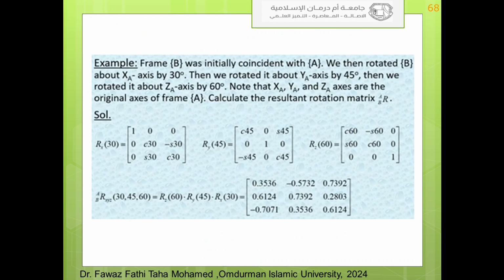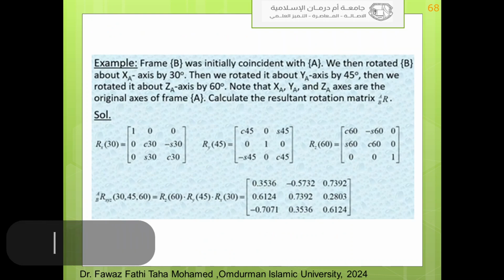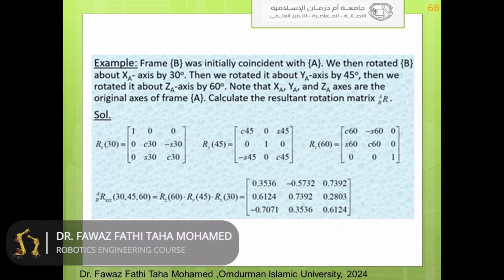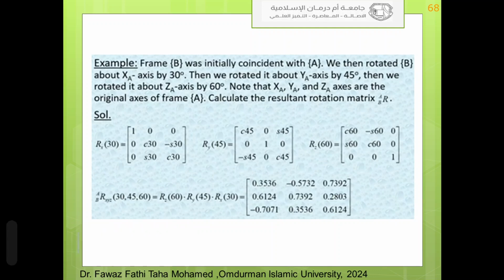Now we will look at some examples in order to gain more understanding of this topic.